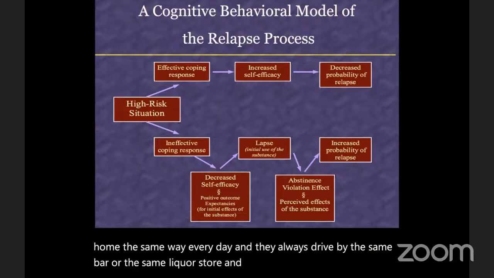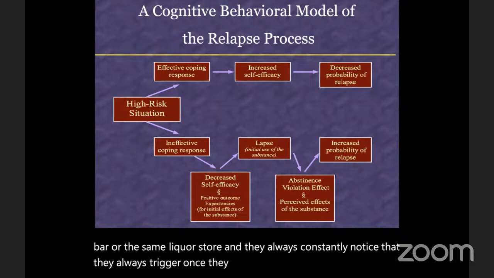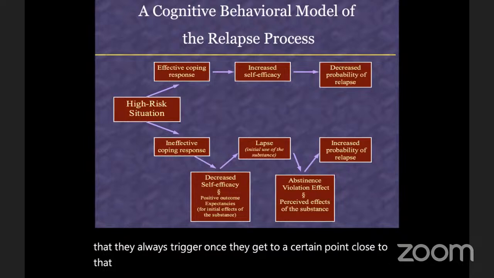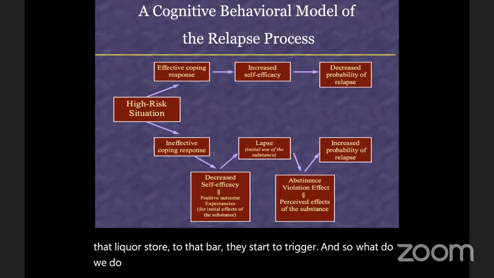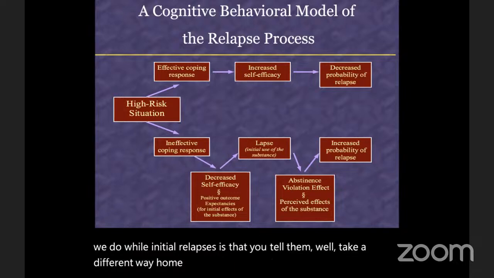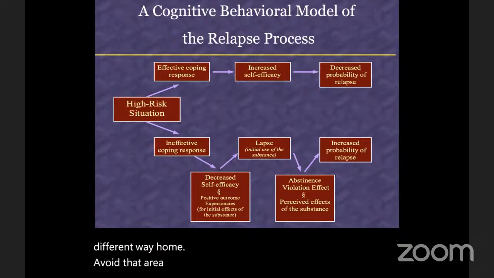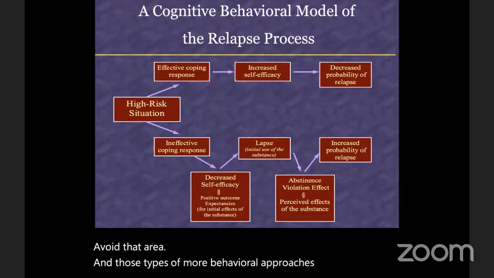They notice that they start to trigger once they get close to that liquor store or that bar. So what do we do? Well, in initial relapse prevention, you tell them, take a different way home, avoid that area.